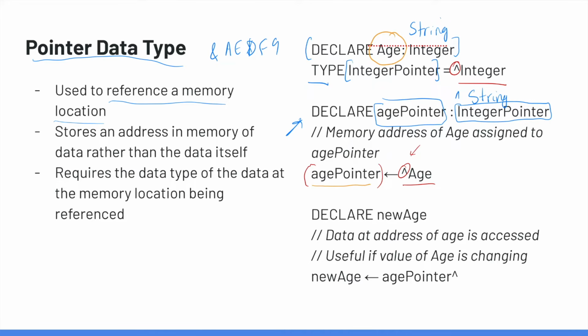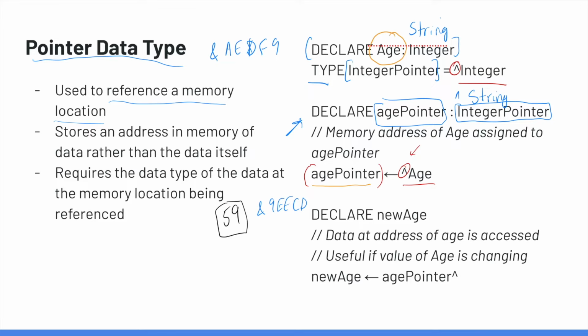So let's say the address stored in age pointer is 9E CD. And there is some data, let's say the data is 59, that's stored at that address.